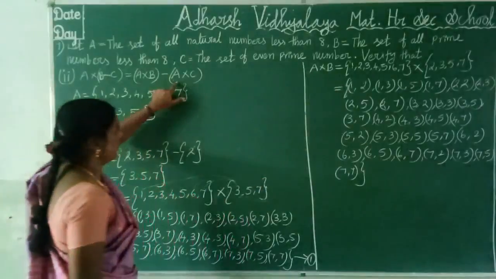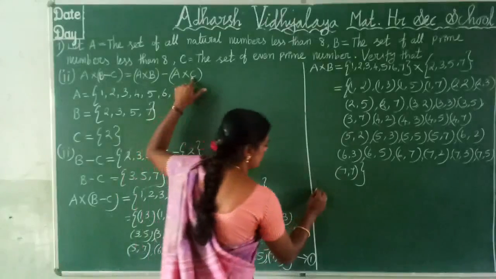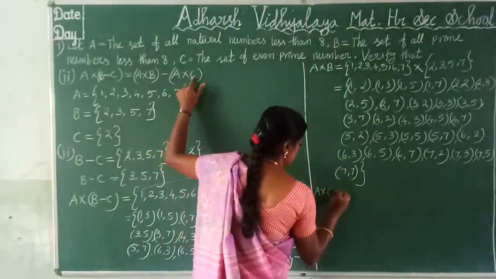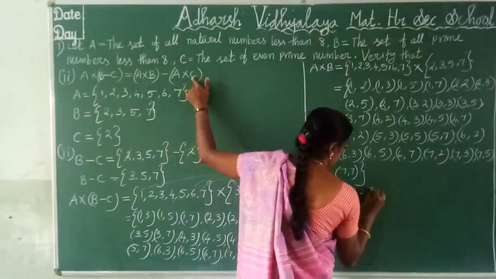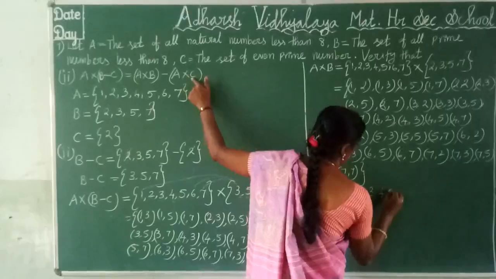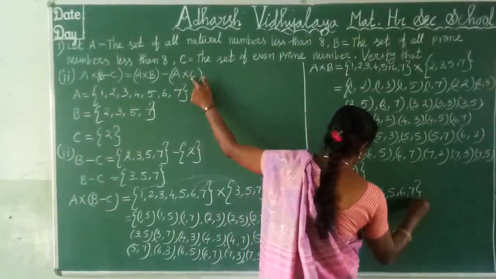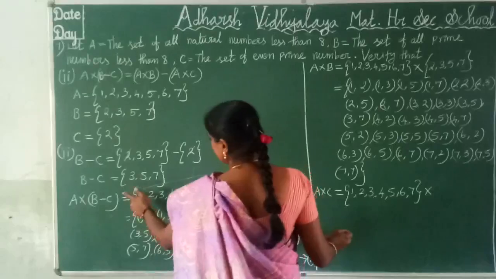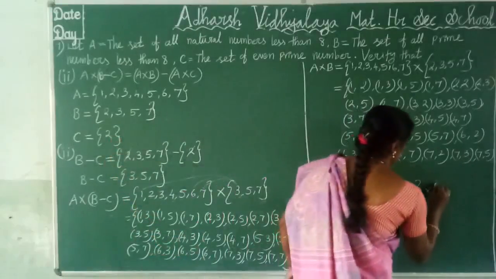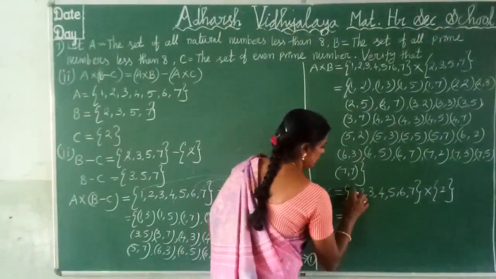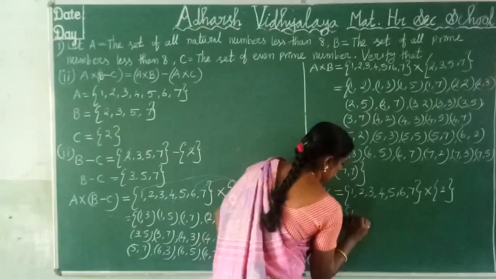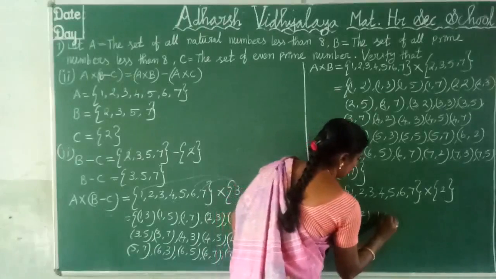Next you find A cross C. A cross C is equal to, A answer 1, 2, 3, 4, 5, 6, 7, cross C: 2. So write the ordered pairs. Here we take (1,2).